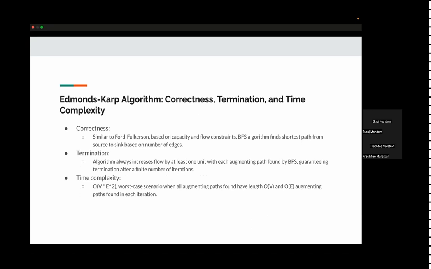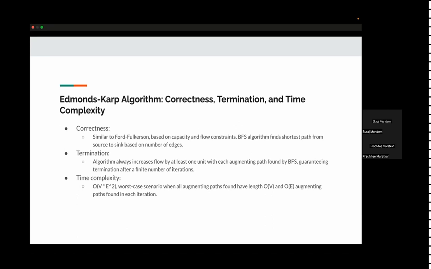The algorithm terminates correctly because the augmenting paths found by the breadth first search always increase the flow by at least 1 unit, which means that the maximum flow can be found in at most E iterations, where E is the number of edges in the graph. Therefore, the Edmonds-Karp algorithm is guaranteed to terminate after a finite number of iterations.